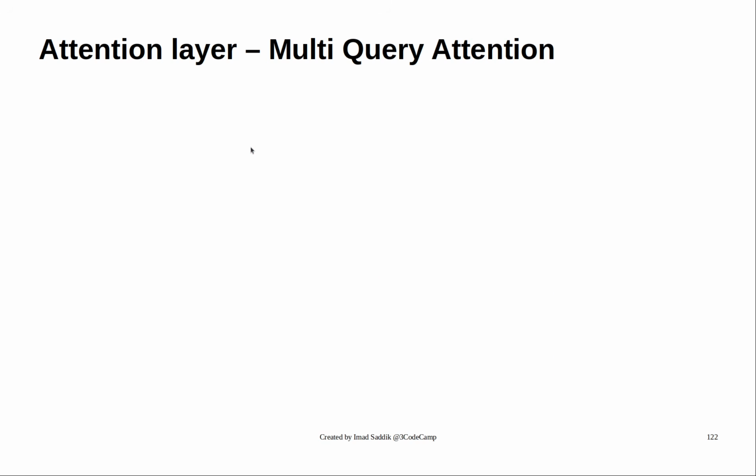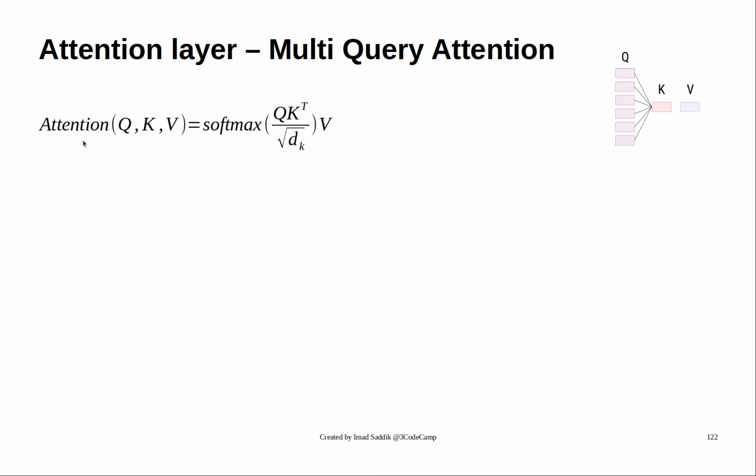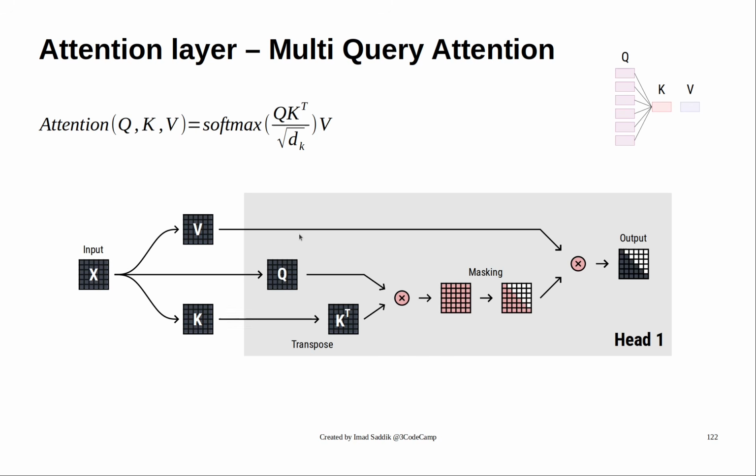Let's look at the internals. Same as before, we have our diagram, the attention function, and here is the diagram that shows what goes inside one head. Do you see a difference? The key and value matrices are outside the head. This means that they are calculated once and used inside each head.